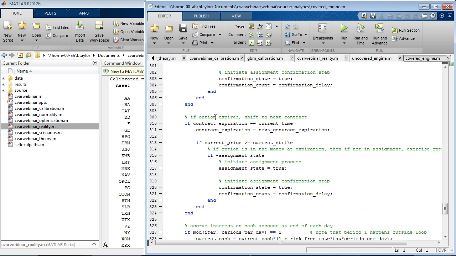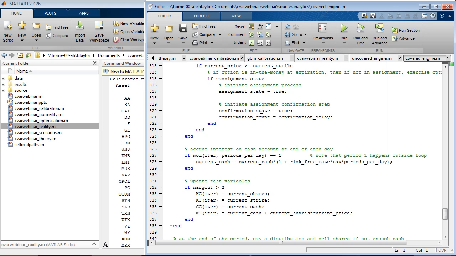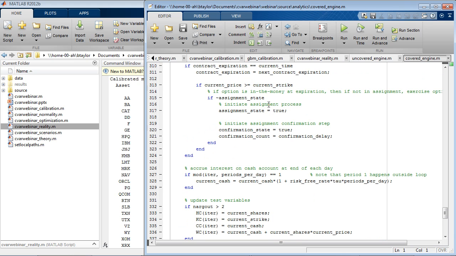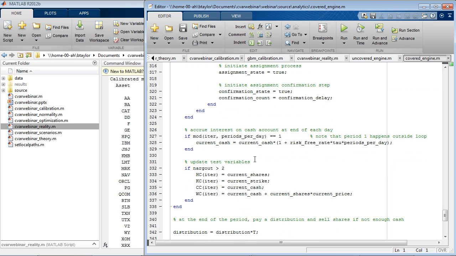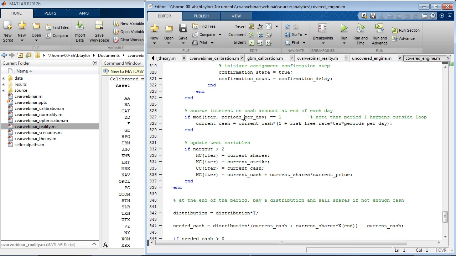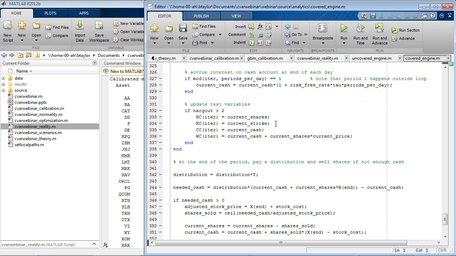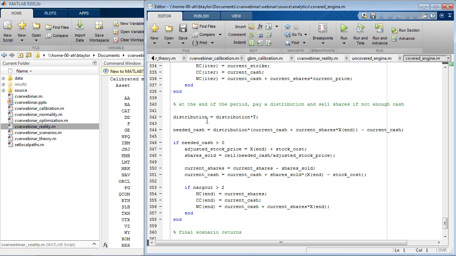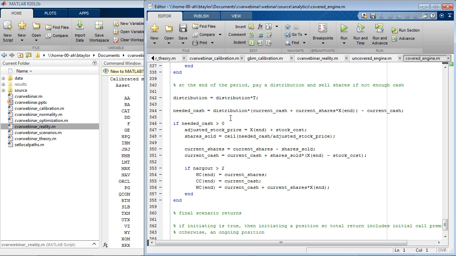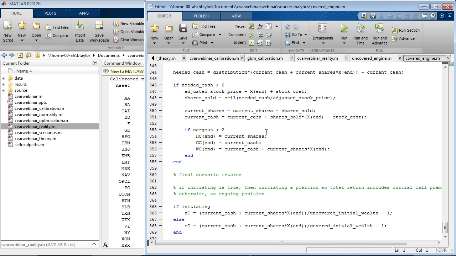Finally, there's a check for contract expiration, and if you need to roll to the next contract, because if the option's in the money, it gets exercised, so you have to essentially write a new option. And then there's interest accrual on any cash accounts at the end of each period, at the end of each day. And then finally, there's a distribution, again, if you have to raise cash to distribute.